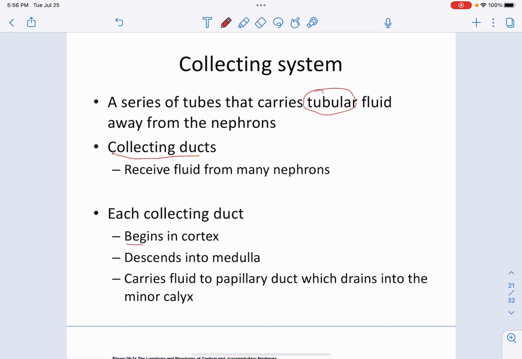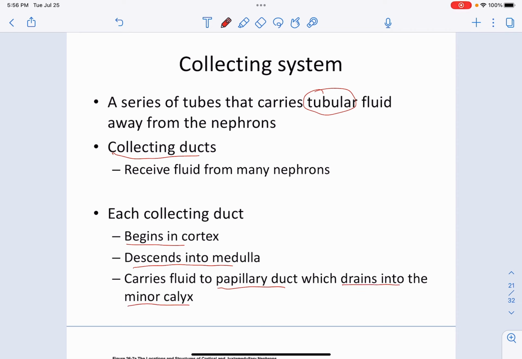The collecting ducts begin in the cortex. They descend into the medulla, and they are going to carry fluid. Remember, we talked about the little papillary duct where the pyramid was in the kidney. That is going to then drain into that minor calyx.